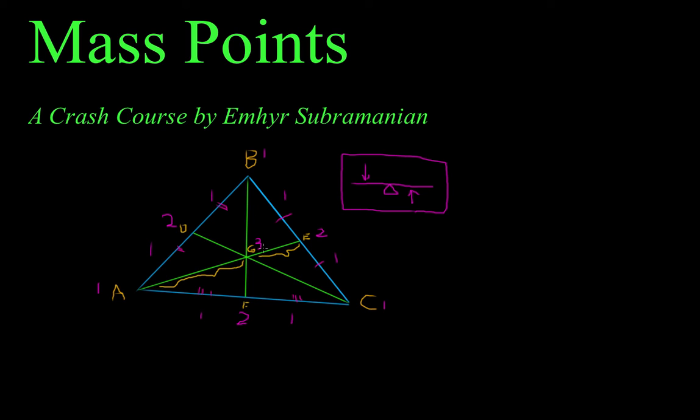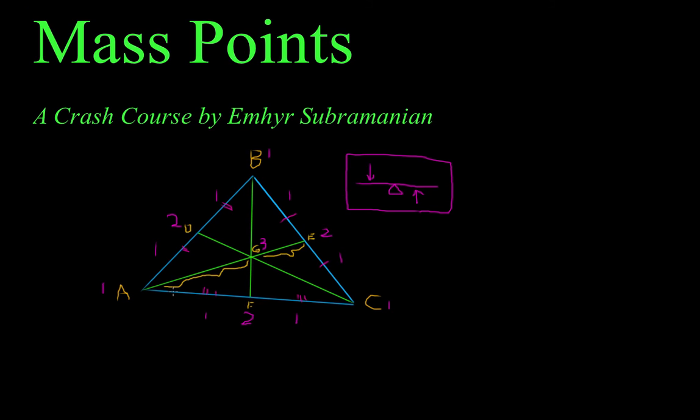But for any mass points problem, you need to remember that G might not always be 3. If B was 2 and F was 4, then G would be 6. It just so happens that in all three cases G is 3. So you just have to remember which segment you're looking at and which weight you're putting.